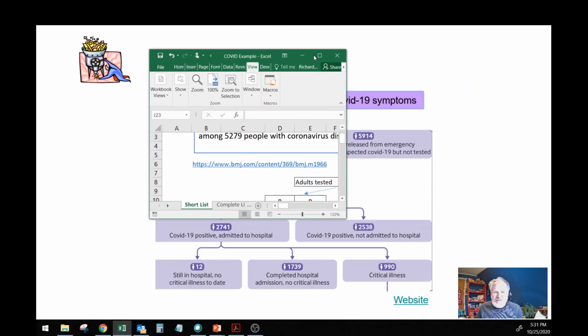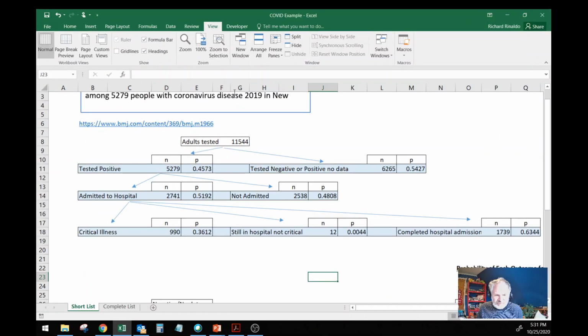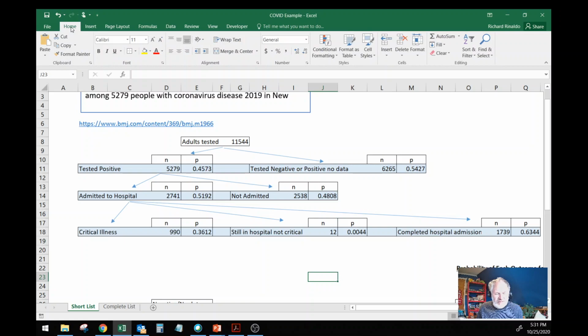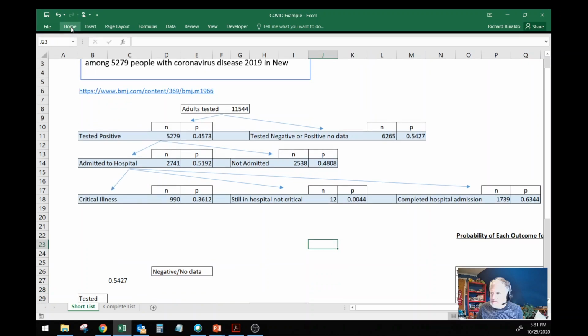Now, what does that look like? So this is the same chart as I had before, but I can break that into probabilities, right?